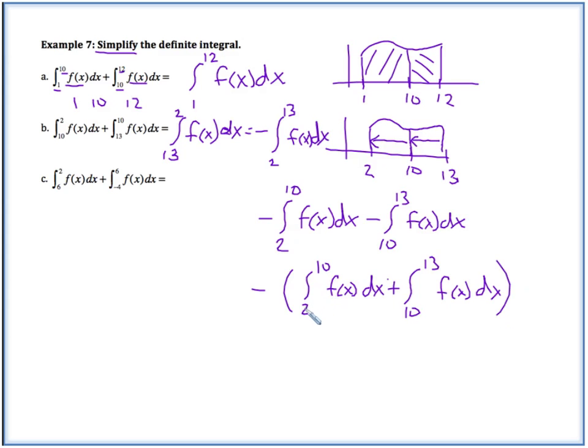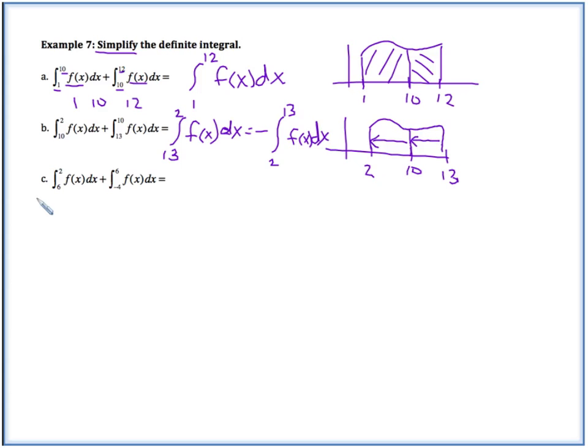Alright, and then you could have seen that it went from 2 to 10 and 10 to 13, so your final answer would have been 2 to 13 of f of x dx. Okay, so whether you took the negative out first and switched the limits, or you just thought about it a little bit differently and then switched the limits, either way, came up with the same answer.